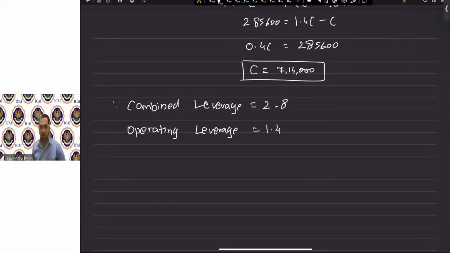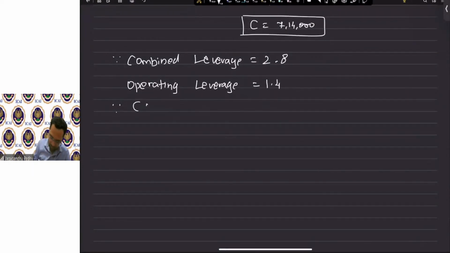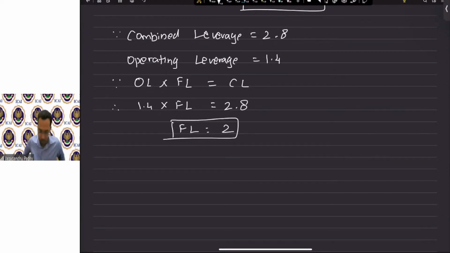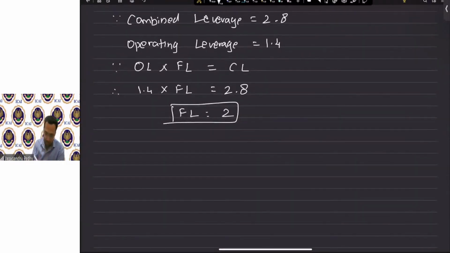We know operating leverage into financial leverage is equal to combined leverage. Therefore, operating leverage 1.4 into financial leverage, which is not known, is combined leverage 2.8. Financial leverage is 2.